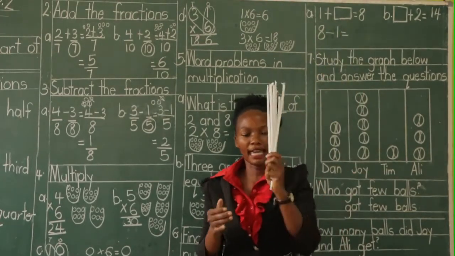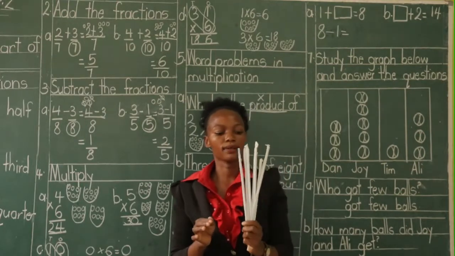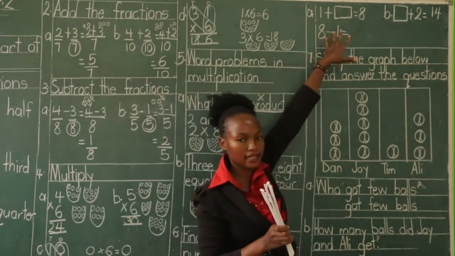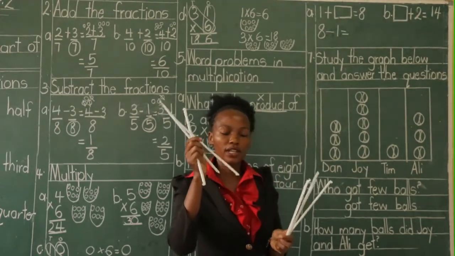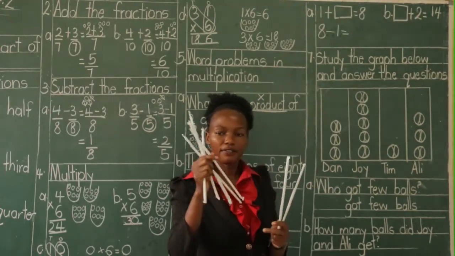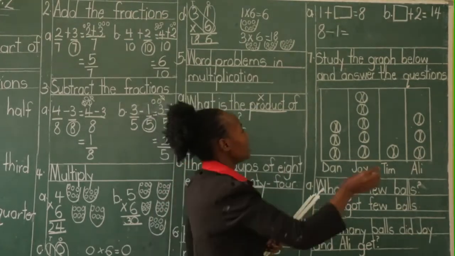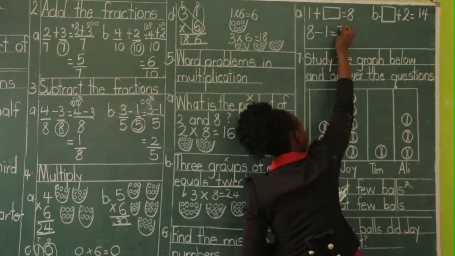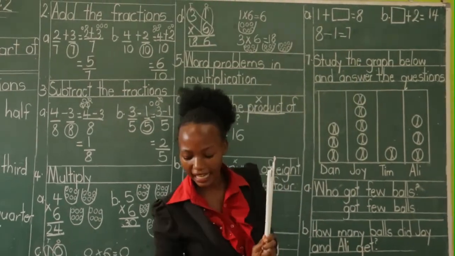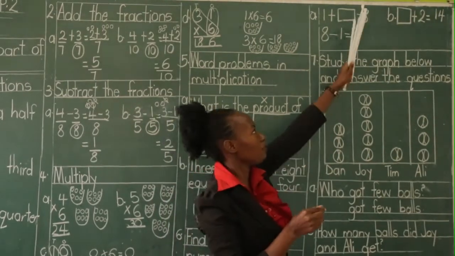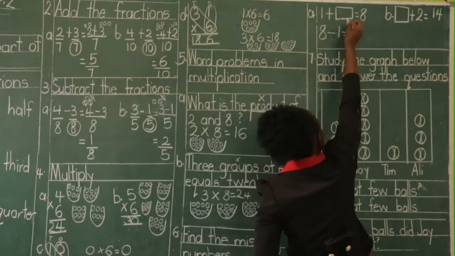From my 8, when I take away 1, let's count the remaining straws. 1, 2, 3, 4, 5, 6, 7. The answer is going to be 7. Because when I have 7 and I add this 1, the answer will still be 8. Now the answer in the box is going to be 7.